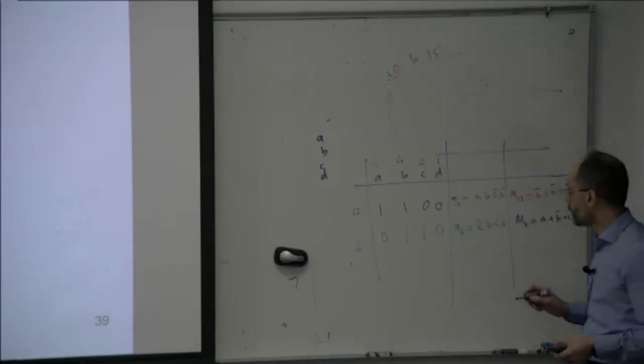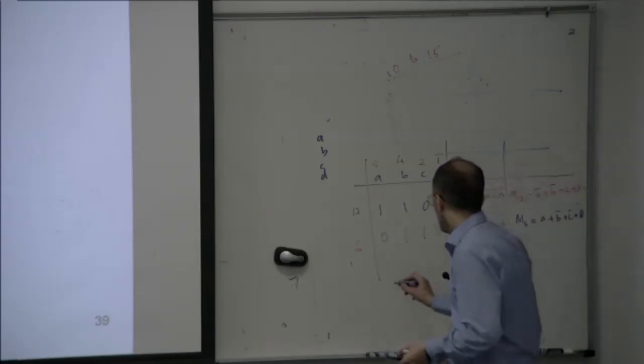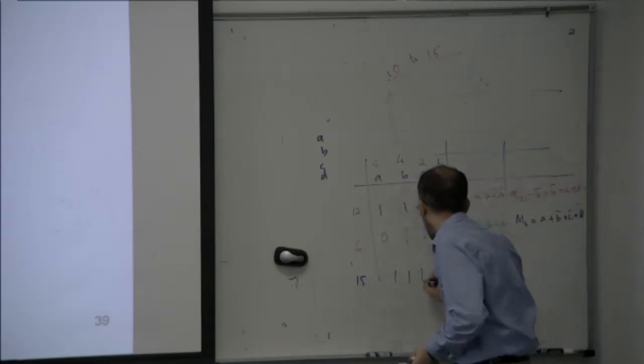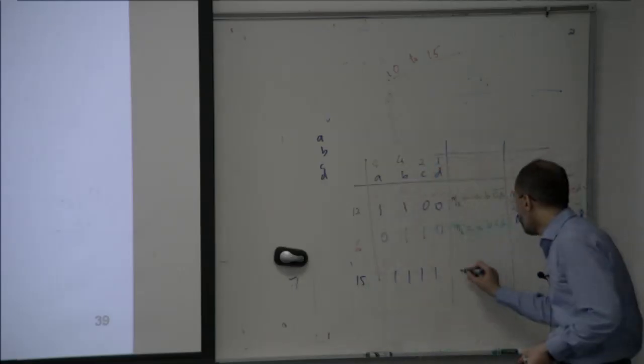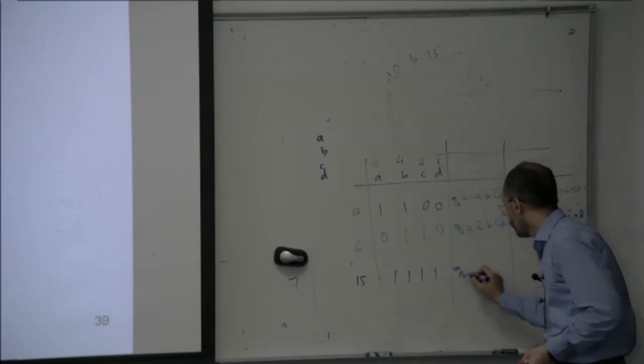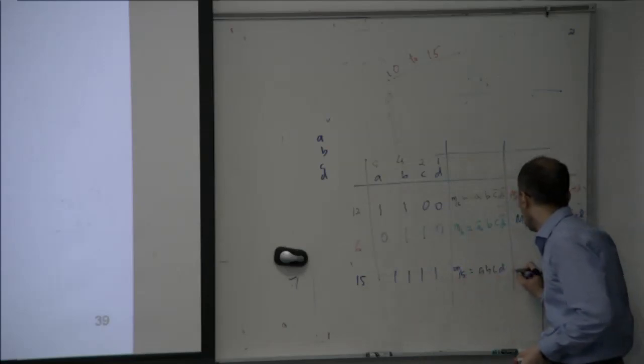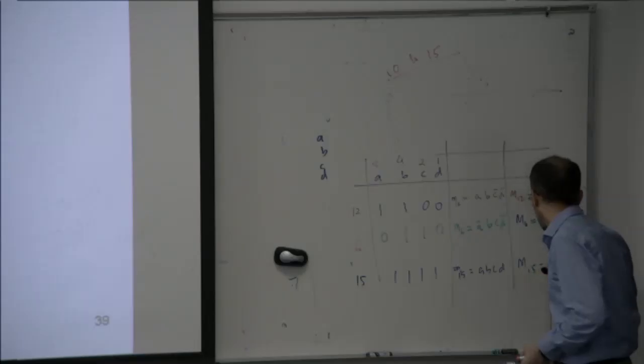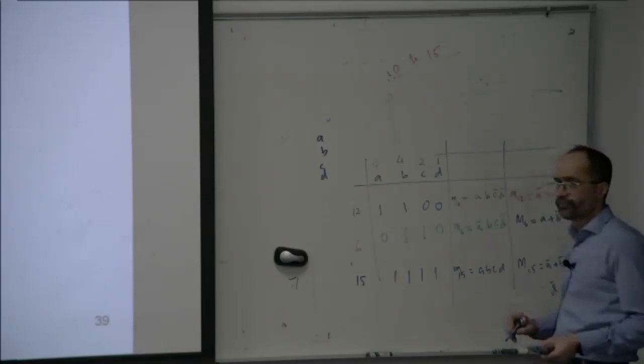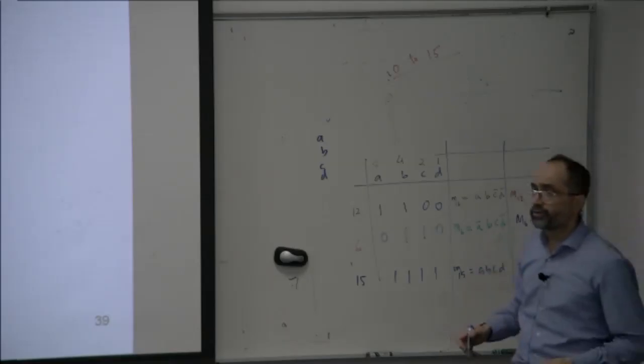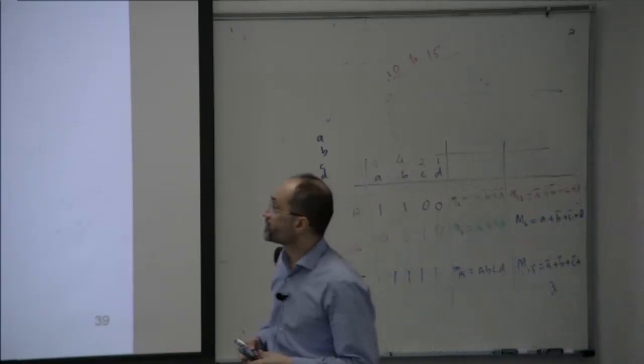Plus D. Got it? Okay, now we have another, 15. 1, 1, 1, 1. It's a 15. What is M15? And what is capital M15? So these are the min terms and these are the max terms.